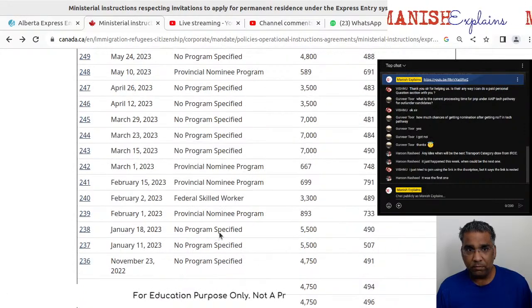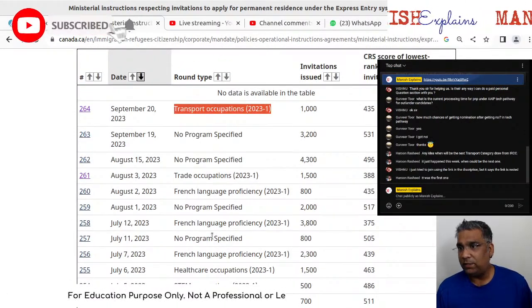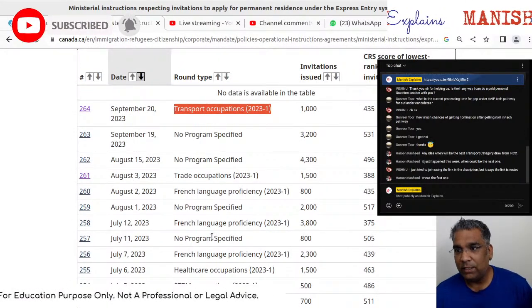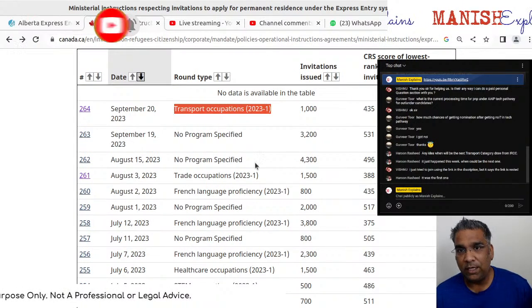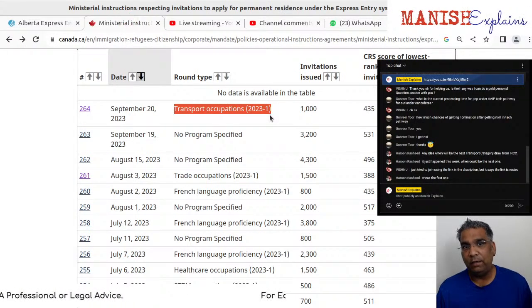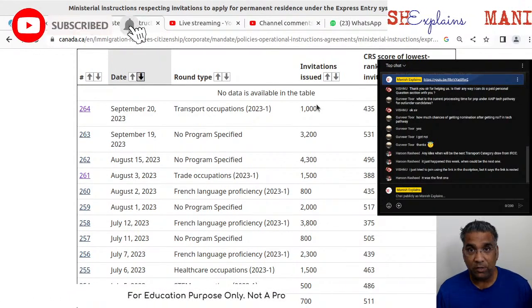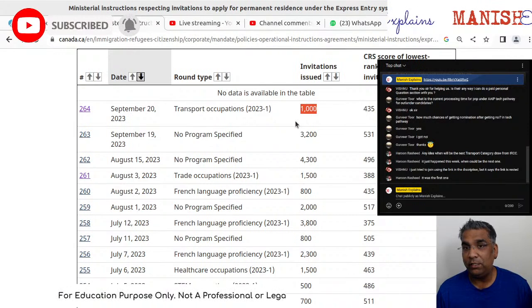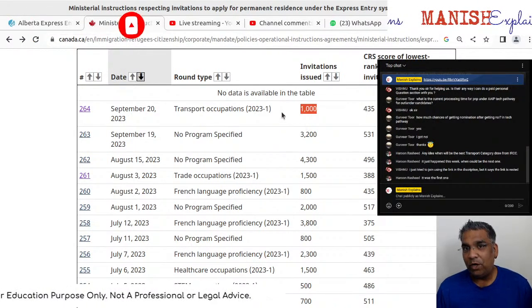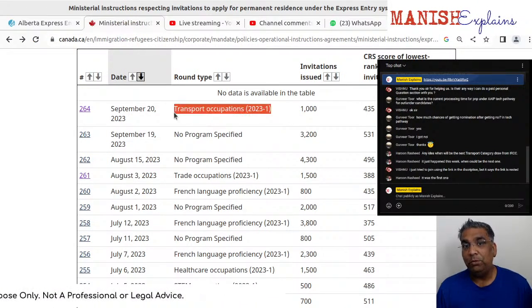So this was the first time, and depending on its success, they can do more in future. They have issued almost 1,000 invitations already. I'm not sure how many are in the pool right now.